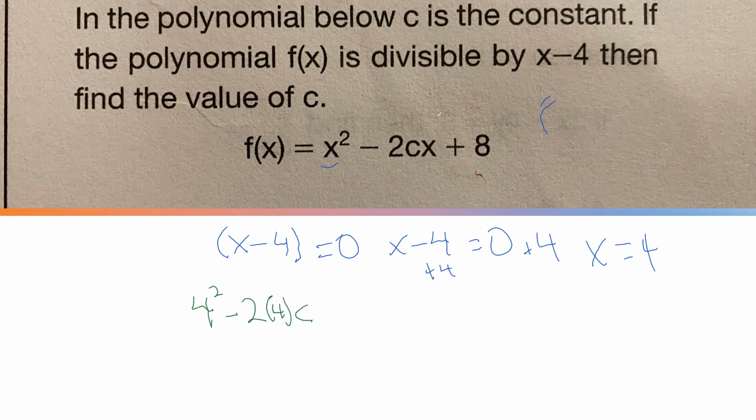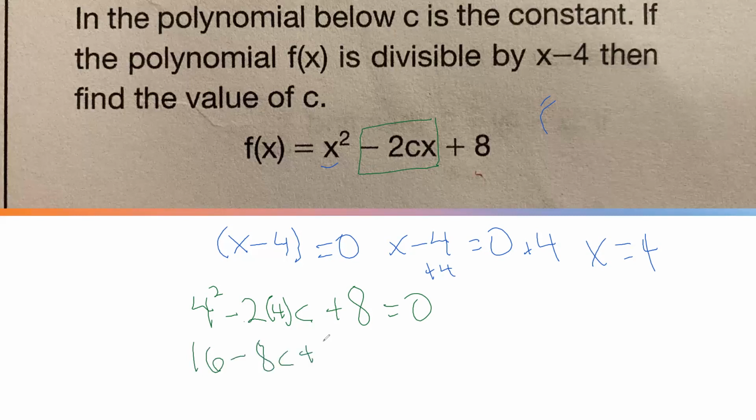Notice what I did there? I had a minus 2 times c times x, so a minus 2 times x times c is the same thing, plus 8 equals 0. So 16, which is 4 squared, minus 8c plus 8 is equal to 0.